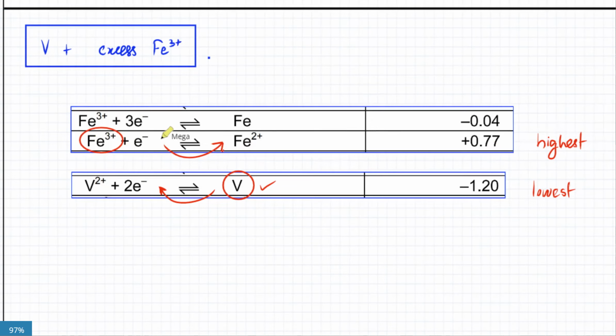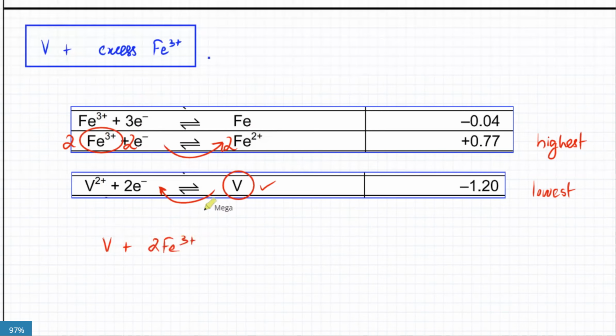So we figured out the reaction. The first equation is of no use. The only thing is, we have to balance the number of electrons, so I need to multiply this by 2 so that the electrons get balanced. My reactants are vanadium and, in the Fe equation, 2Fe3 plus.